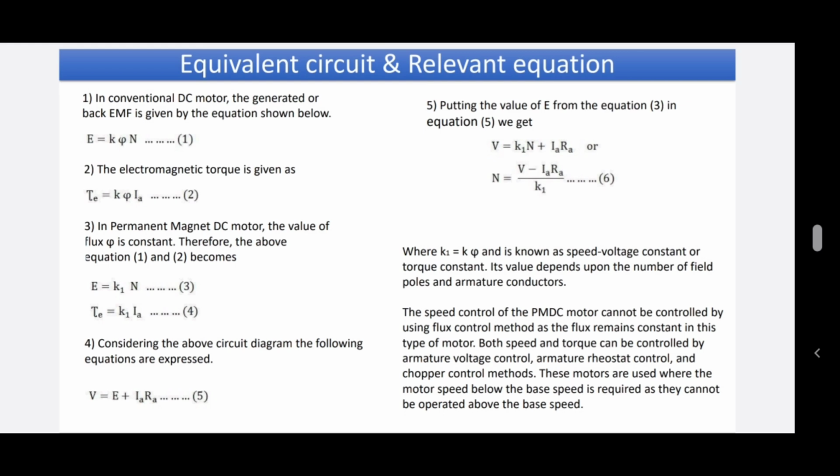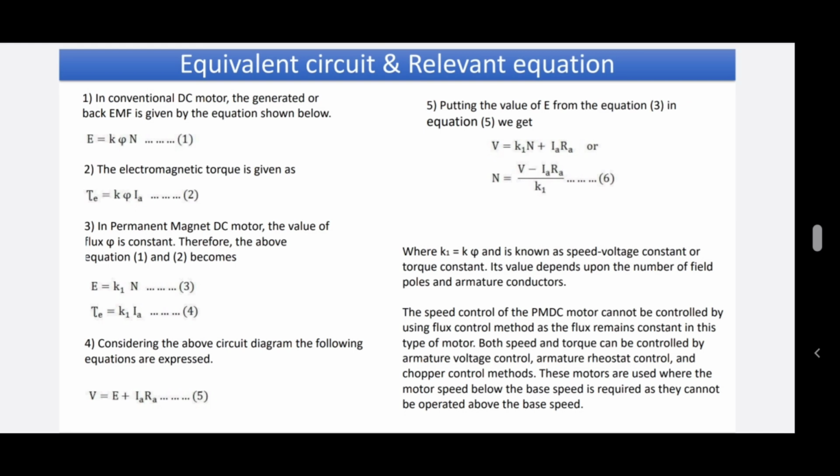Putting the value of E from equation number 3 in equation number 5, we get V equals K1N plus IARA, or N equals V minus IARA over K1, equation number 6, where K1 equals K flux and is known as the speed voltage constant or torque constant. Its value depends upon the number of field poles and armature conductors.